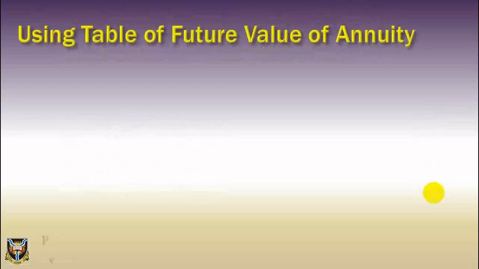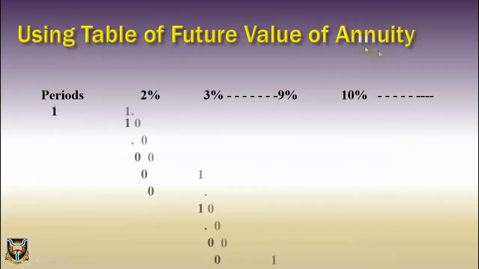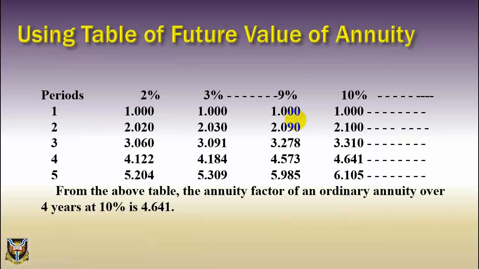D. Using table of future value of annuity. Periods, 2%, 3%, 9%, 10%.